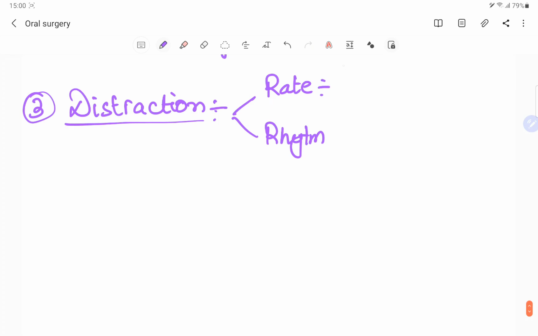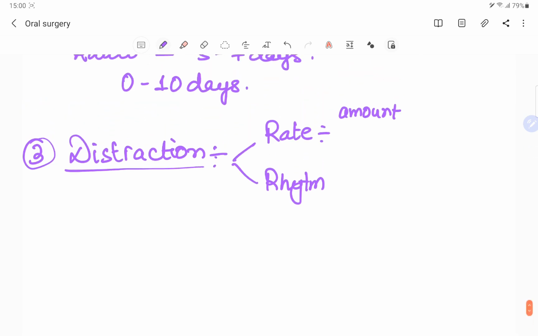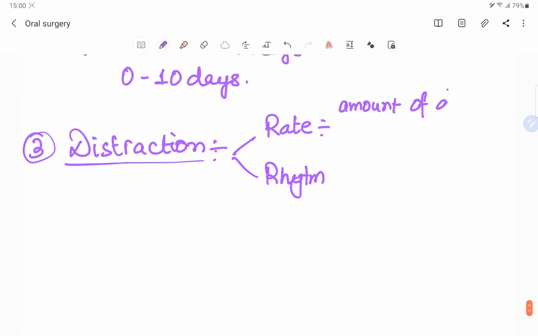So, that is known as the rate, the amount of distraction per day, right. Now, rhythm is the frequency at which you are doing this distraction. Say suppose you are doing it 4 times a day, 2 times a day, like that.